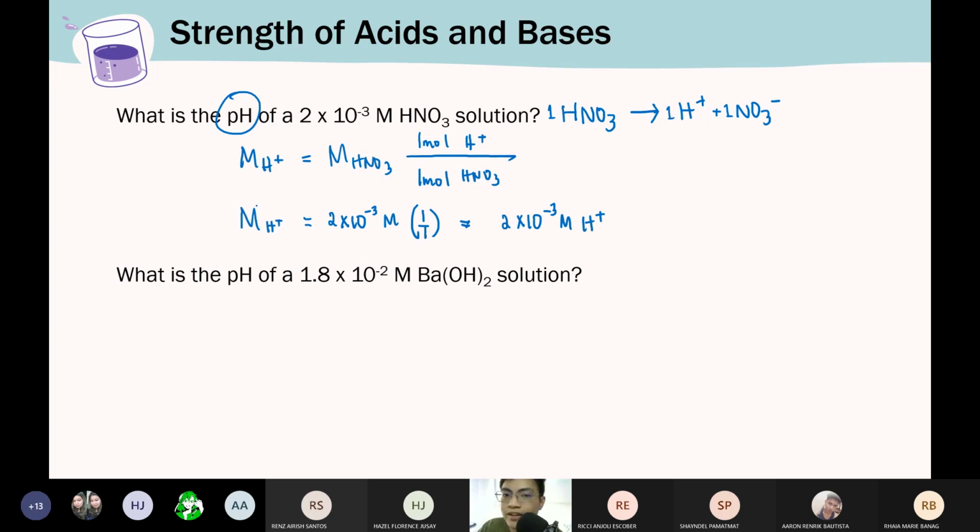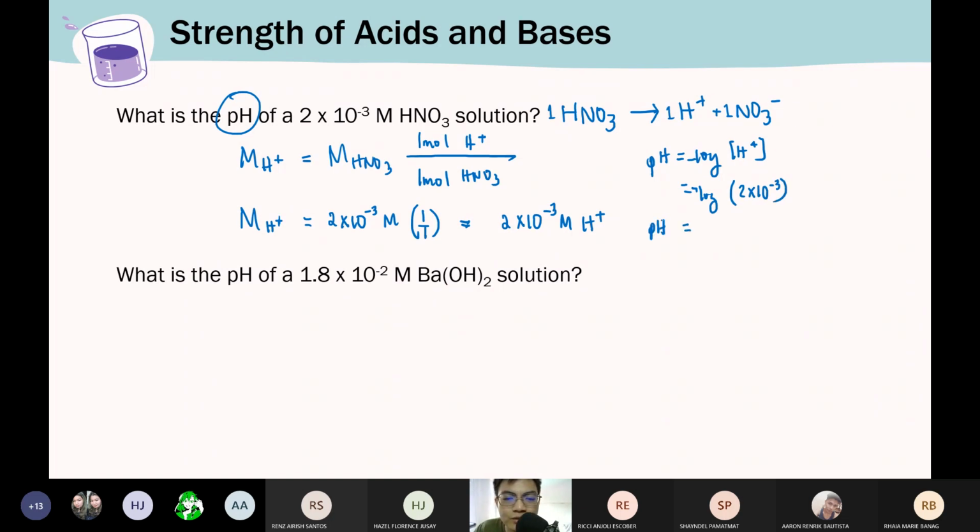But again, you have to be very careful, ha? Kasi hindi porket yan yung molarity initially, yan na yun at the end. You have to show the dissociation reaction first. And then since you have the concentration of H plus, you can plug it into your pH. So that's negative logarithm of H plus, negative logarithm of 2 times 10 raised to negative 3.